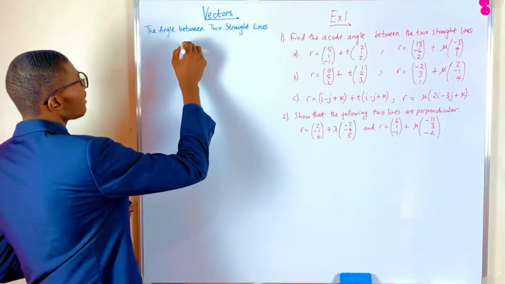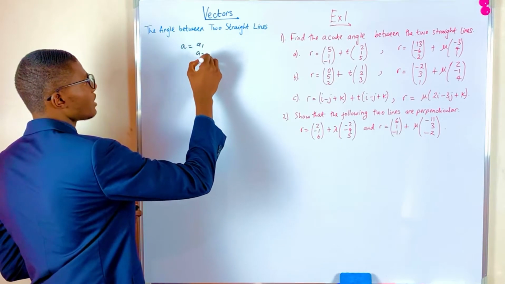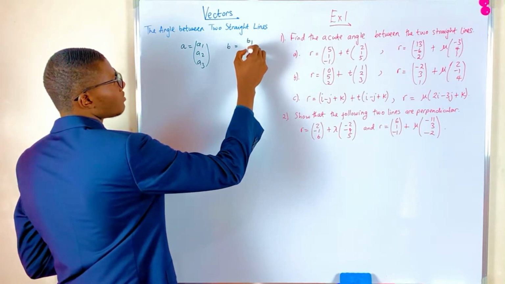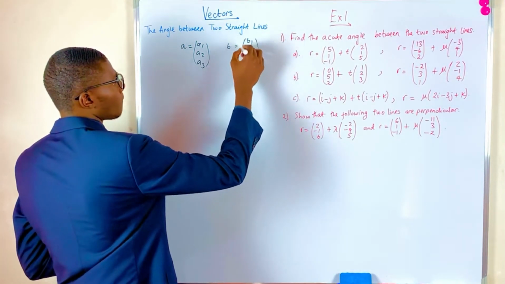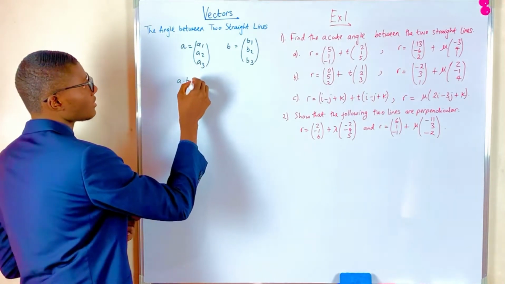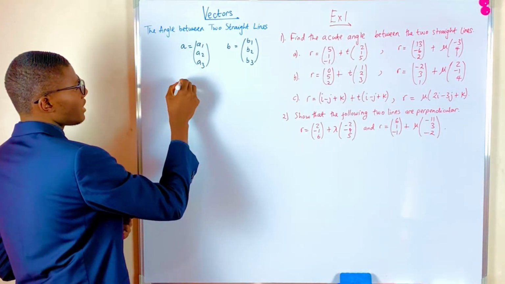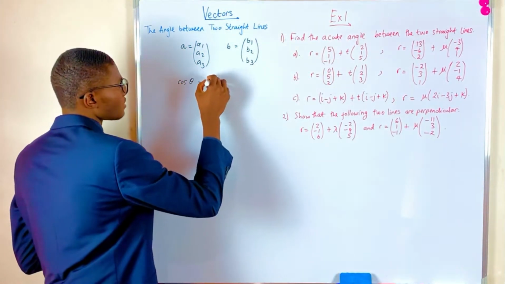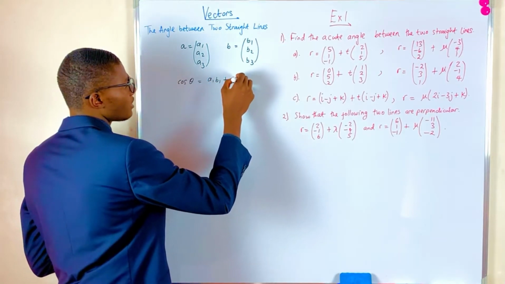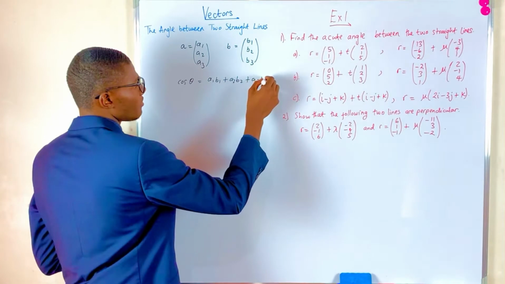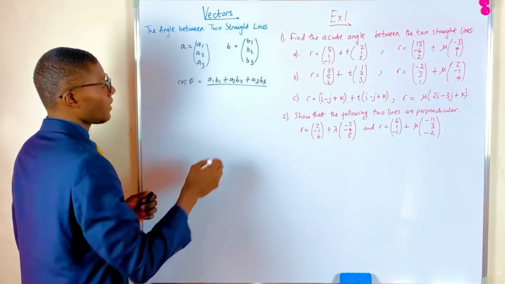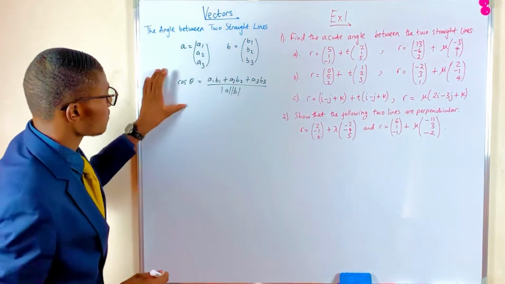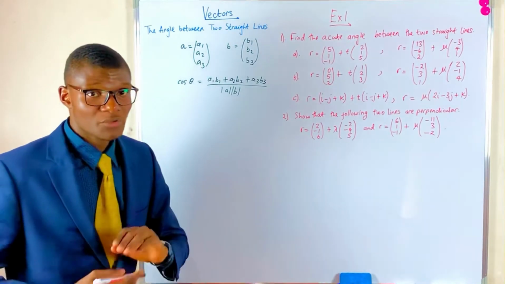Say for vector A, that is A1, A2, A3, and vector B, that is B1, B2, B3, we say that cos theta is given by the scalar product of the vectors, which is A1 B1 plus A2 B2 plus A3 B3, over the magnitude of A times the magnitude of B. So we shall use this result to calculate the angle between two straight lines.